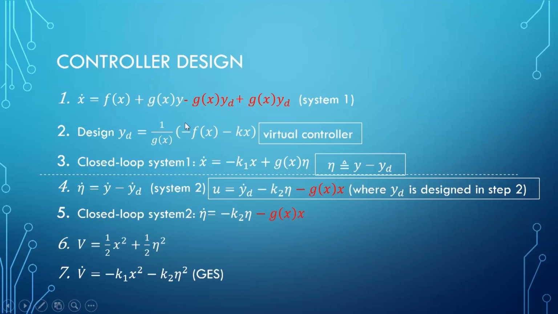That's the connection, the bridge between the first and second system, the YD signal. For the first system, YD is a desired signal, the virtual control. For the second system, YD is the reference signal that the second system has to be controlled to track.